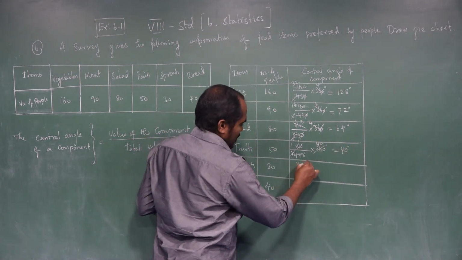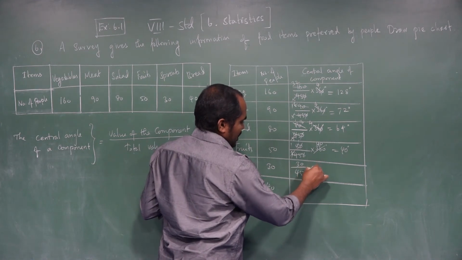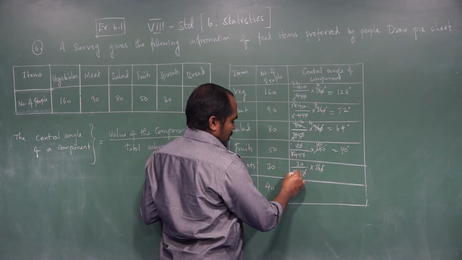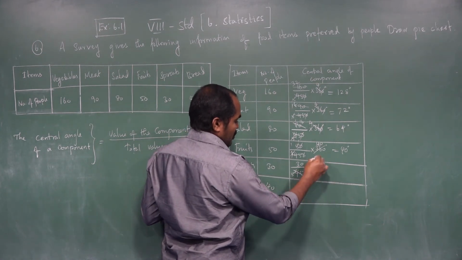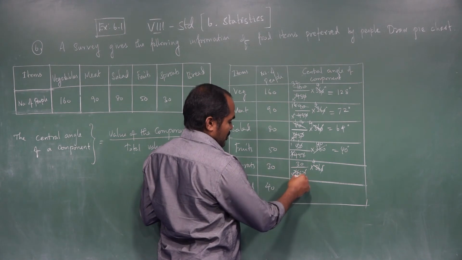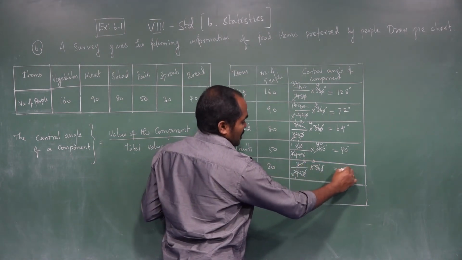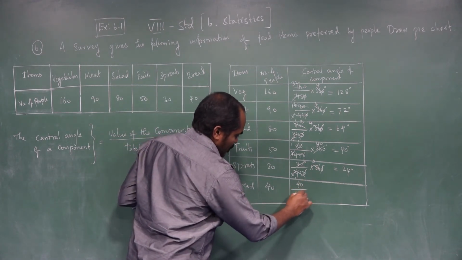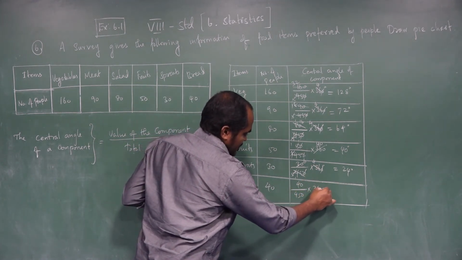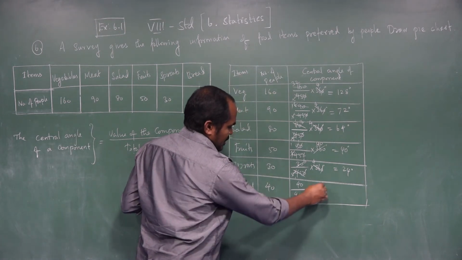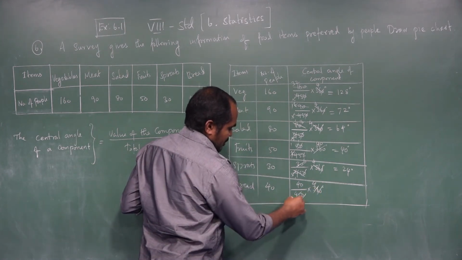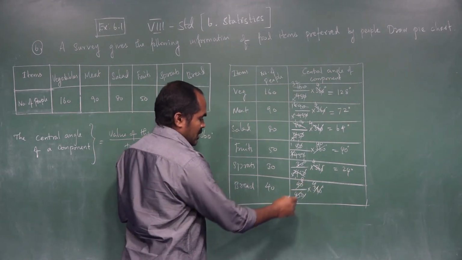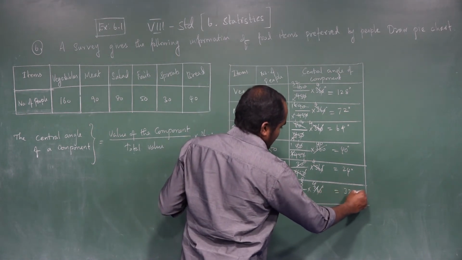Next, value of component is 30 by 450 into 360 degree. 0 0 cancel. 5 9s are 45, 4 9s are 36, 1 5 is 5. 6 4s are 24 degree. Next, value of component is 40 by 450 into 360 degree. 0 0 cancel. 4 9s are 36, 5 9s are 45, 1 5 is 5. 8 5s are 40. 8 4s are 32 degree.